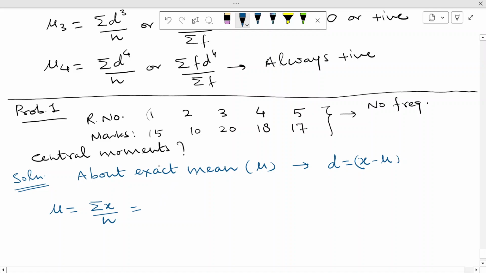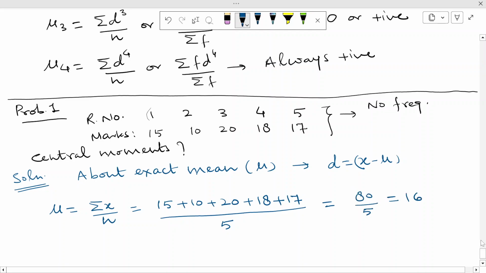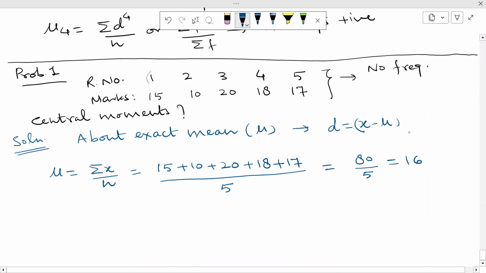So the sum of observations means we have to add 15 plus 10 plus 20 plus 18 plus 17, and we have to divide this by the number of observations. So we have 5 observations, so this is simply 80 over 5, and this gives us the mean as 16.